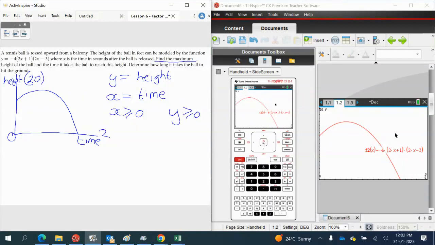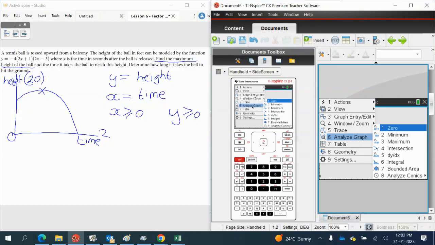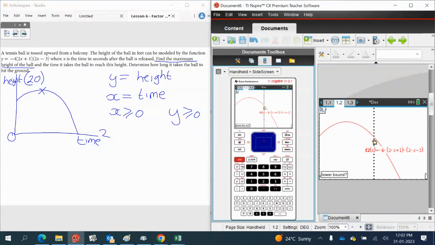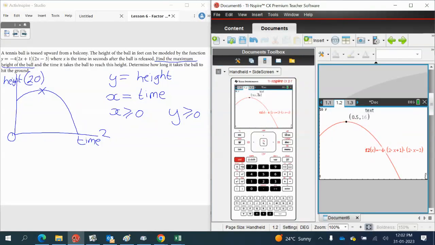The question: find the maximum height of the ball. Where on the graph will we find this information? At the highest point. So we need to find the vertex. If you remember the procedure, we press menu, analyze graph, maximum. Scroll either side of the graph, and it gives us a coordinate, 0.5, 16. Which of those two numbers describes the maximum height? Is it the x value or the y value?